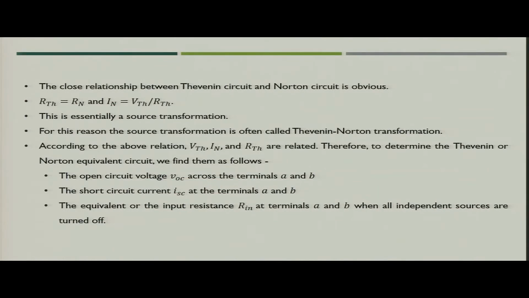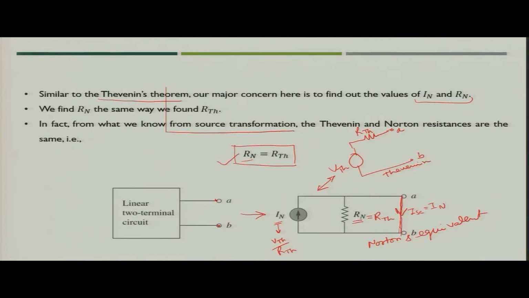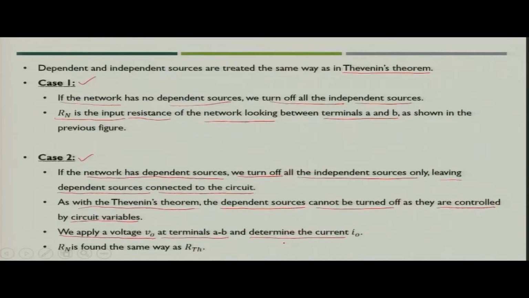Now, let us understand the close relationship between the Thevenin circuit and the Norton circuit. We have just established that RTh, the Thevenin resistance, is equal to Norton's resistance, and as we discussed in case of source transformation, when we carry out the source transformation, the Norton's current is nothing but V Thevenin divided by R Thevenin.